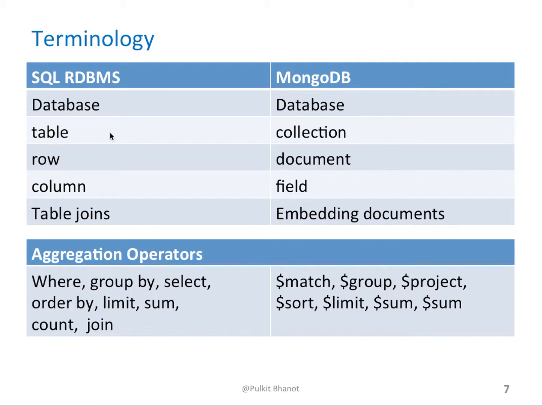MongoDB promotes using embedded documents, which we will also see later on when we use the GitHub archive data, how nested documents look. Then the aggregation operators, like group by in the RDBMS world, MongoDB has most of those features.